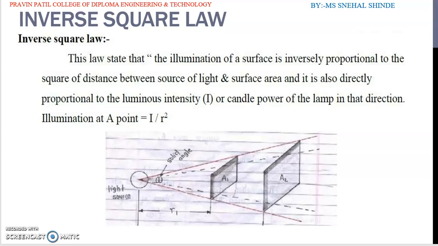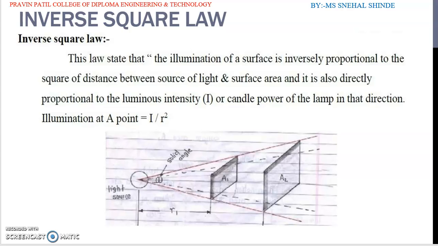Luminous flux radiated per steradian is equal to I. Total luminous flux radiated is equal to I omega lumens. Illumination on the surface of the area A1 is equal to I omega divided by A1 lumens per unit area, and the area A1 is given by omega R1 square.